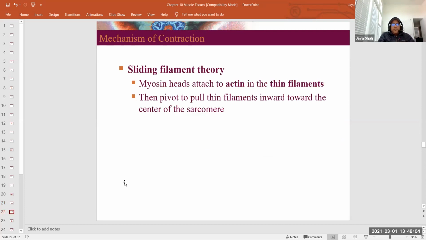This is the sliding filament mechanism. So how does muscle contract? When muscle contracts, thick filaments and thin filaments slide past each other, where the myosin head attaches to actin in the thin filaments and then pivots to pull thin filaments inwards towards the center of the sarcomere.